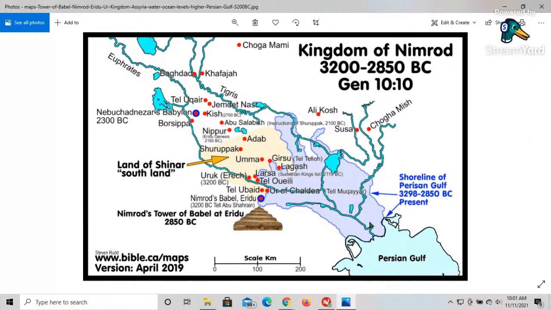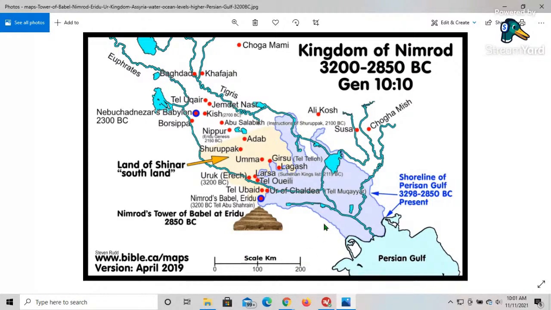But you can see this is all Tower of Babel, land of Shinar. Who was the king of the land of Shinar? Nimrod was the king of the land of Shinar. Ur of the Chaldees, where Abraham was, where they dug up and found idols that probably Abraham's father made, or maybe somebody that his father knew.